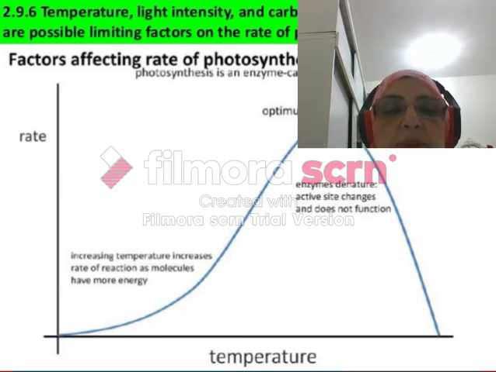But this is up to an optimum temperature. Any increase in the temperature above the optimum will not increase the rate, but the rate is going to decline. Why does the rate decrease? We can say that because at very high temperature, the enzymes denature, and then the light independent reactions will not take place as effectively.